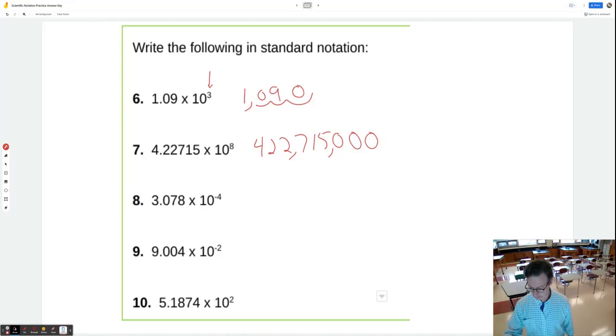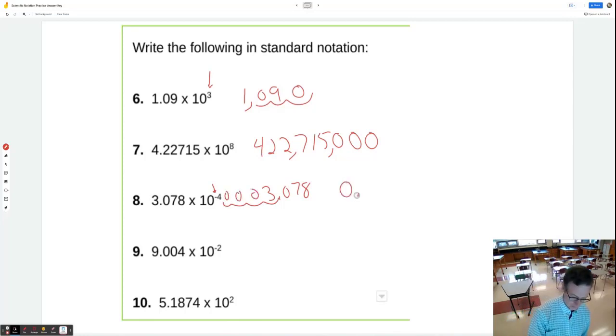Scientific notation is negative this time, which means I'm going to end up with a decimal. So I have to move the decimal point to the left. So 3.078. I move the decimal point once, 2, 3, 4, which means, just to clean it up over here, 0.000378.